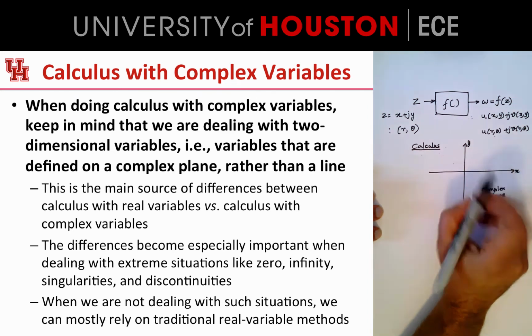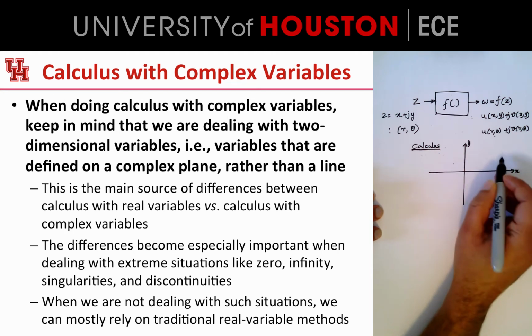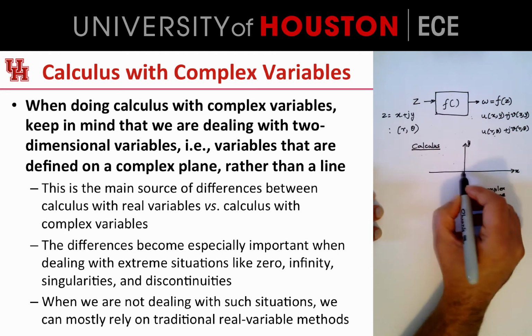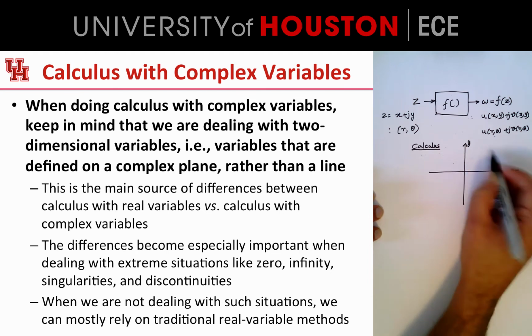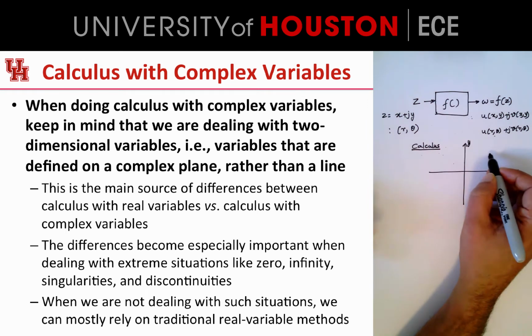That's because if you have a point and you need to look at its vicinity, how you approach that point varies. On just a one-dimensional line, there's only one way to approach it, or maybe two. But here, there's an infinite number of ways to approach a point in the complex plane. We'll get to that in just a little bit.